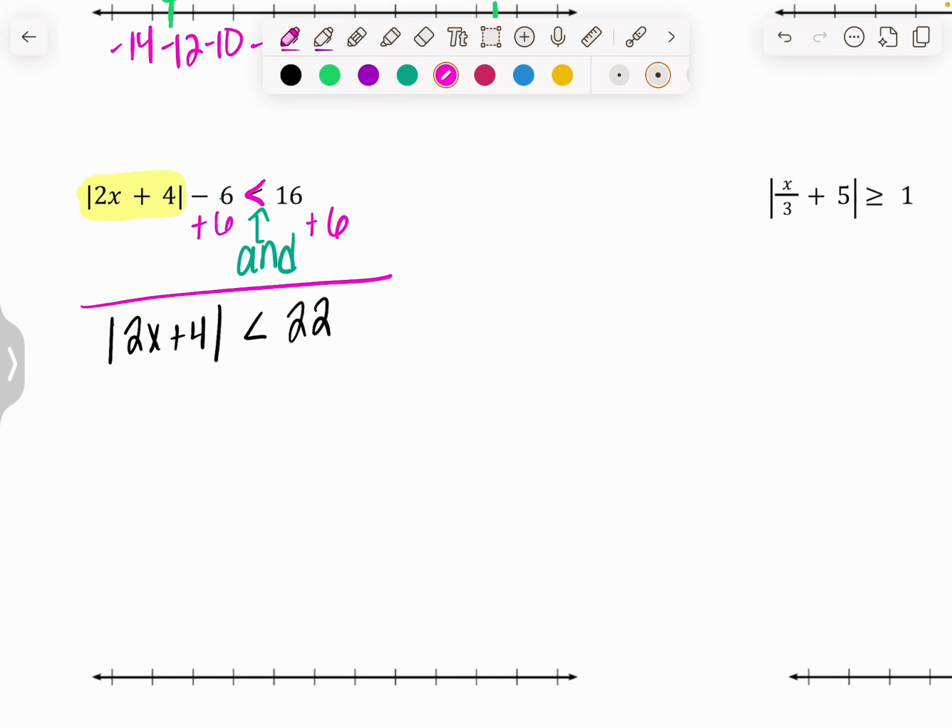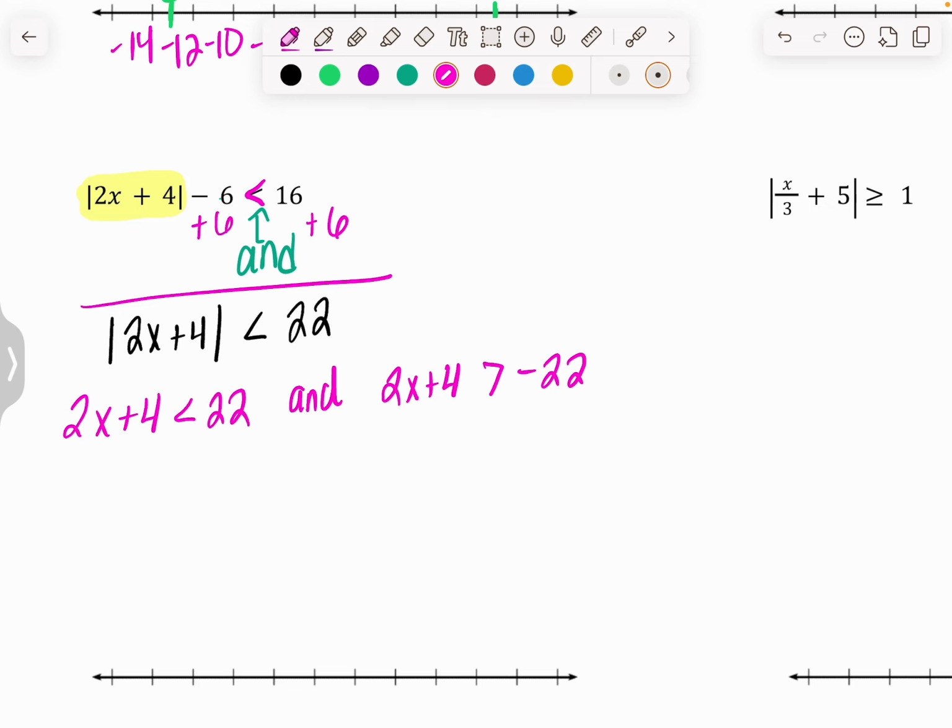Since it was less than, we're going to be using and. So we're going to have 2x plus 4 is less than 22. So the first one, you just write it down without the absolute value signs, and we keep the inequality and the number the same. And then we do 2x plus 4, we flip the inequality and we make the other side negative.